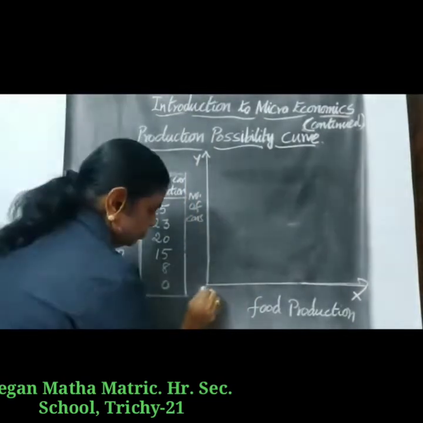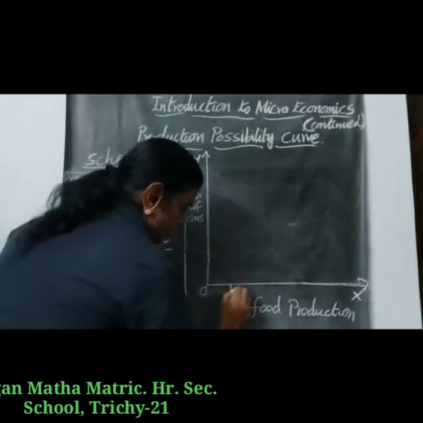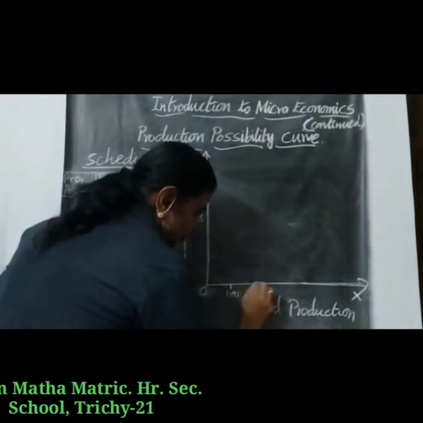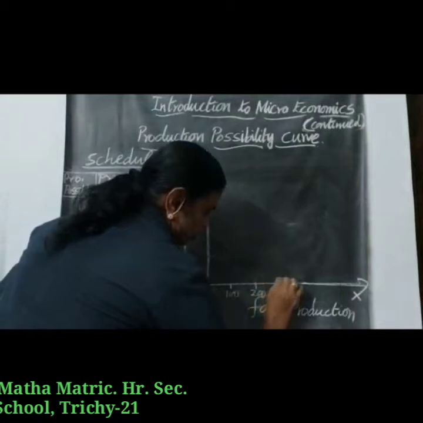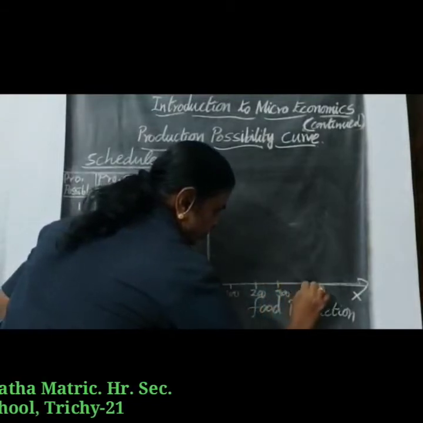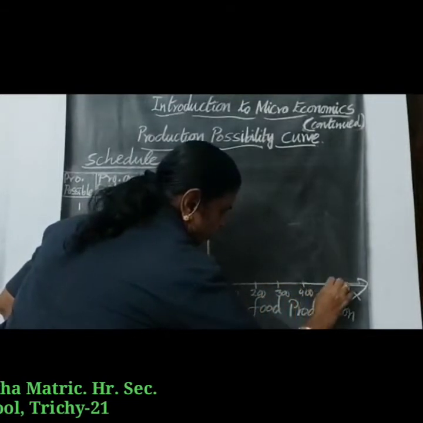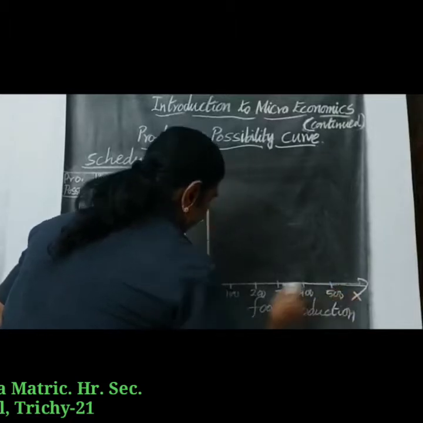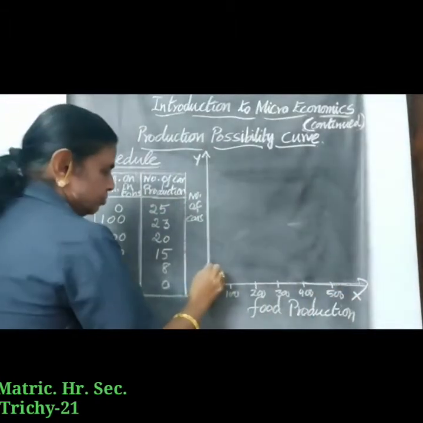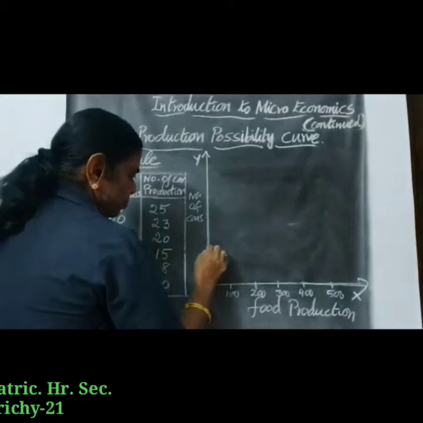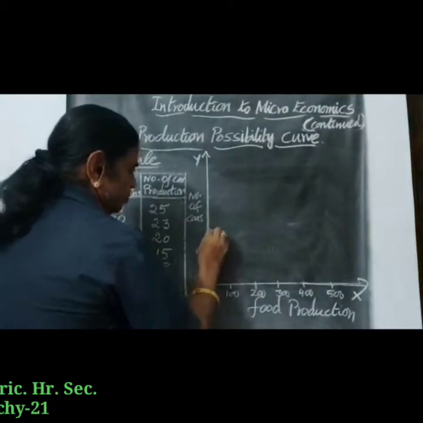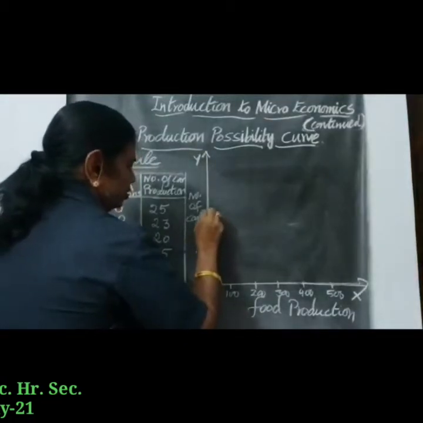Okay, now take this to 0. So 100, 200, 300, 400 and 500. Here automatically we just take it for 5. So 5, 10, 15, 20.